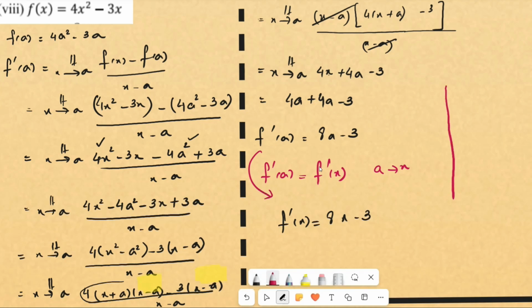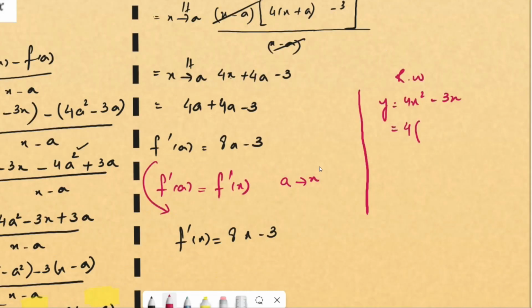Now if we are going to use the formula, we take the coefficient out, and it would be 4 into x square. So the power comes out, 2 minus 1, minus 3, and derivative of x is 1.